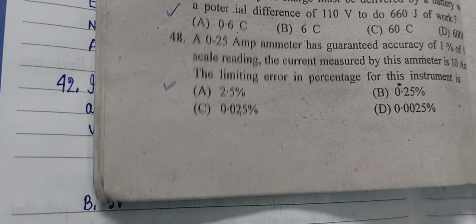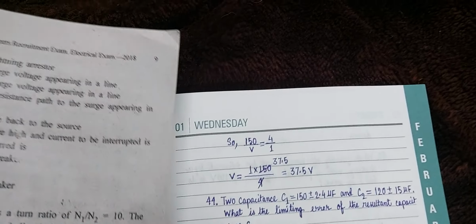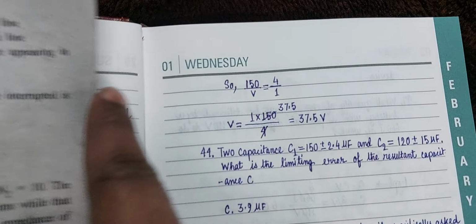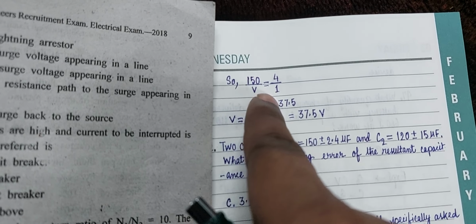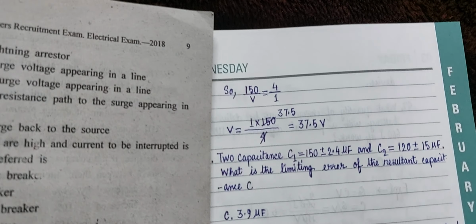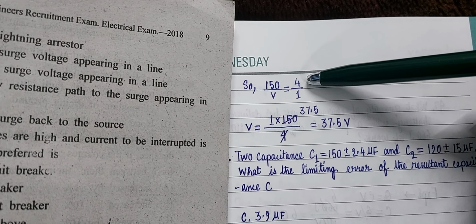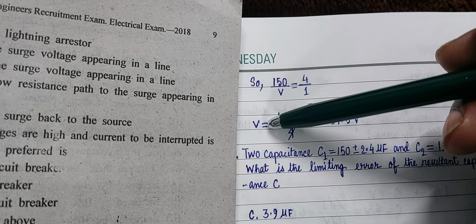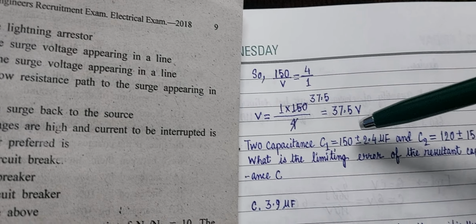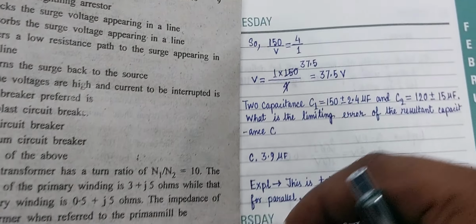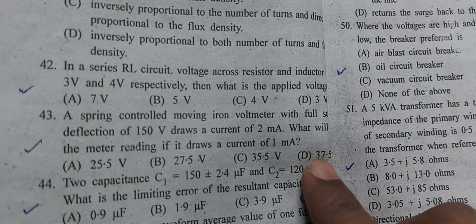The equation will be like this: 150 by V is equal to 4 by 1, because 2 square is 4. So the new deflection or the voltage will be 37.5 volt. So the right option is 37.5.